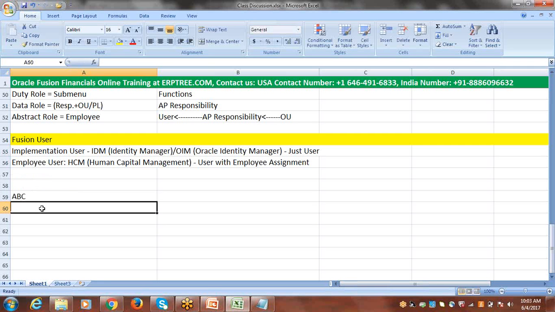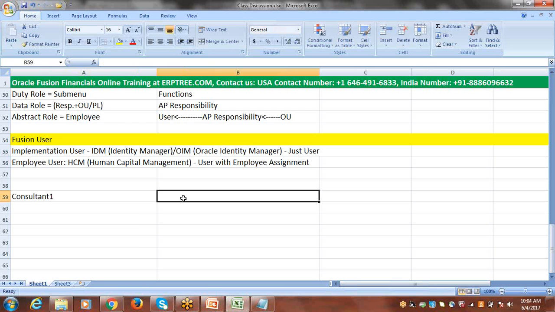Which roles do we have to assign to this consultant? In the case of EBS, if there is a consultant, you create a user and assign the System Administrator responsibility to that user, or the user can log into the instance as the sysadmin user, with access to the sysadmin responsibility and others. They can then start working on system configuration.